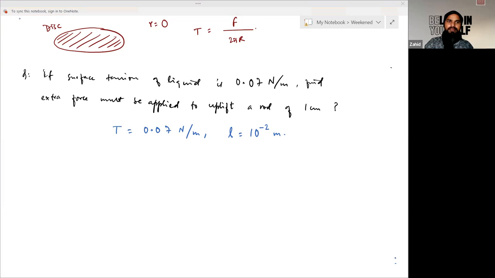Abdul Wahid, just see, we have surface tension and length.